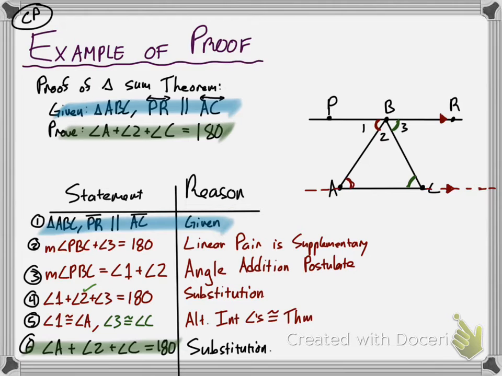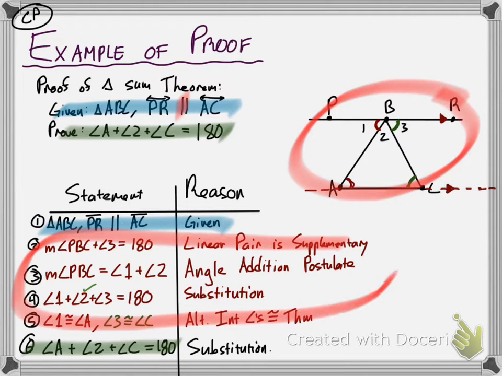And then our picture, along with this idea of parallel, that's the evidence that we gathered to get this particular proof completed. This is actually the proof of the triangle sum theorem from chapter 3. So here's a quick example. Everything in red is what we're going to be focusing on today.